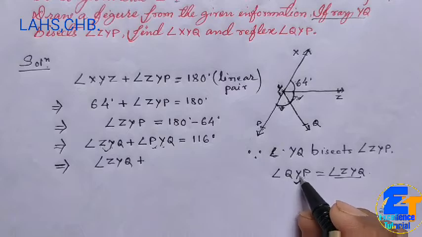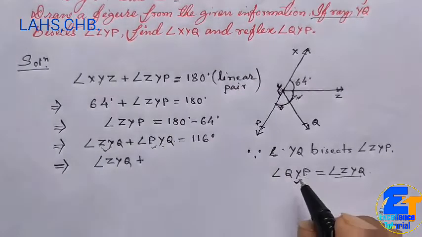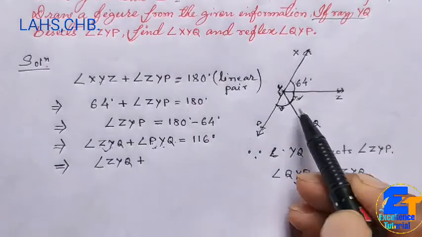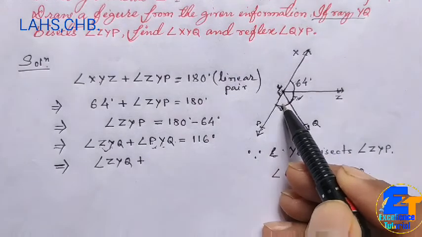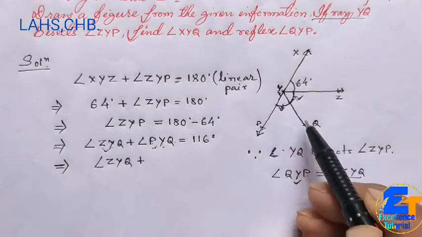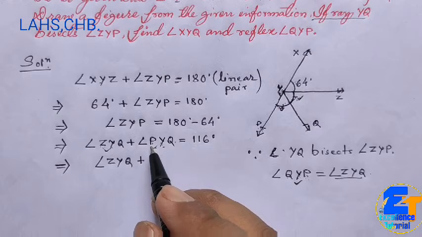Here it is QYP, but there it is PYQ. Both represent the same angle, which you may also write using these three letters, PYQ. So these two angles are the same.